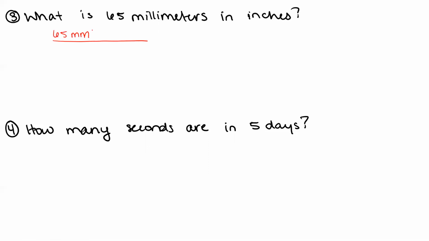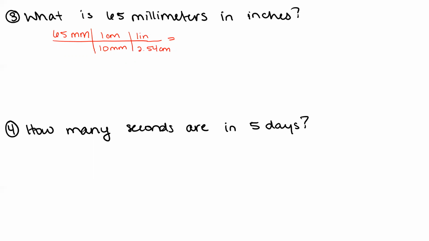And this is where it comes in knowing how to convert in between the different metric units and from metric to standard. So we know that there are 10 millimeters in 1 centimeter. And we also know that there are 2.54 centimeters in 1 inch.